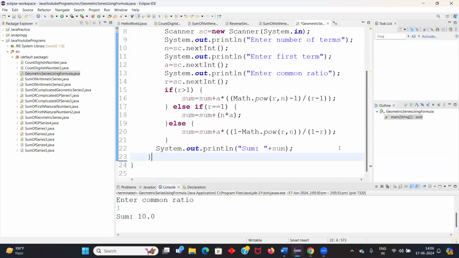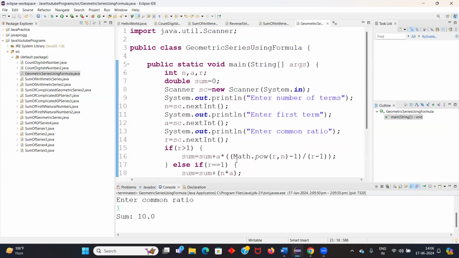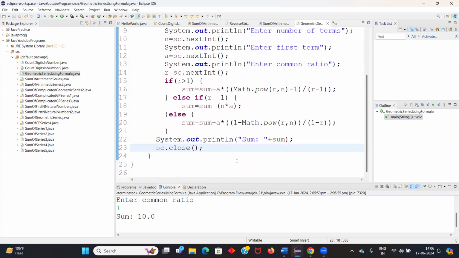You can see now the warning is removed. So this is how you write a program to find the sum of geometric series using formula.